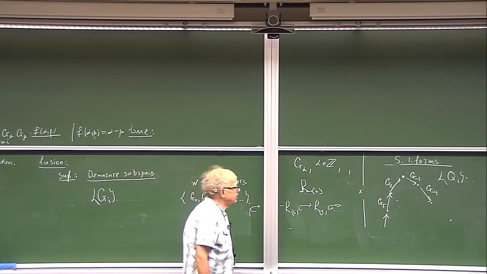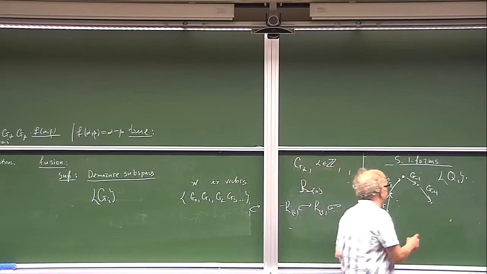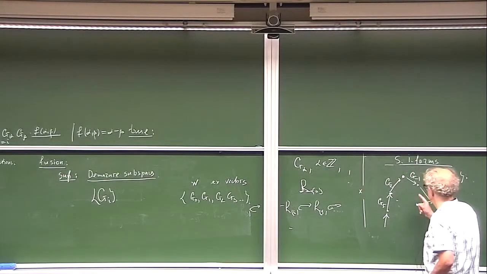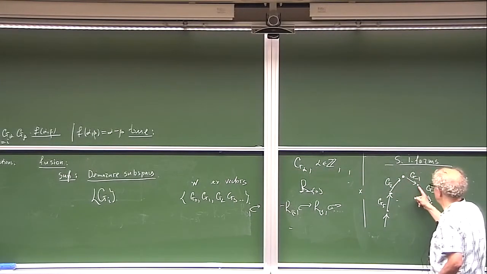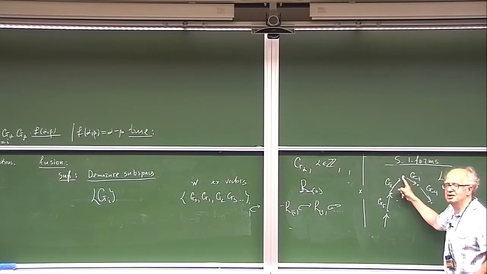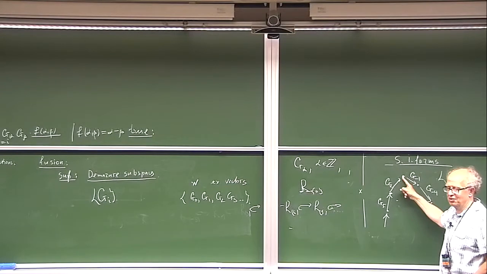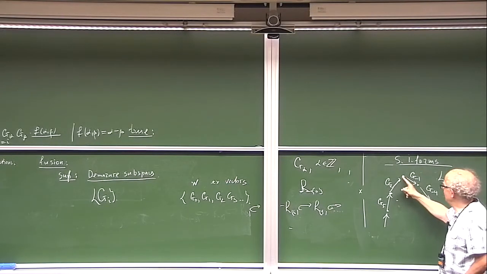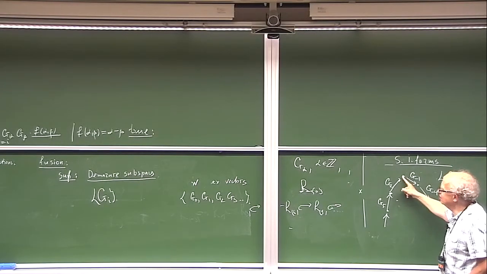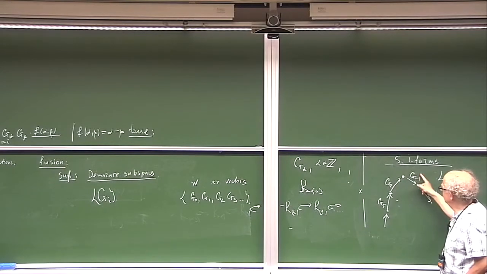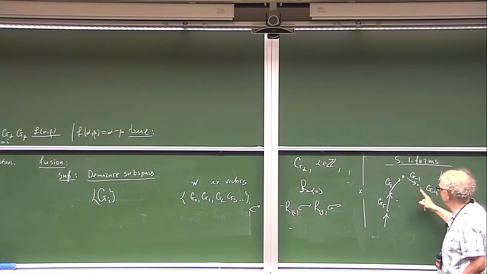It is not interesting to apply these operators to this vector, because it is zero. For example, this vector, by definition, is killed by G0, G1, G2, and so on.